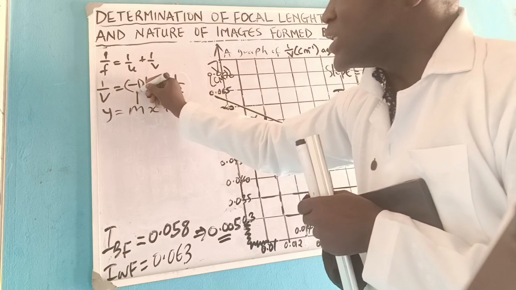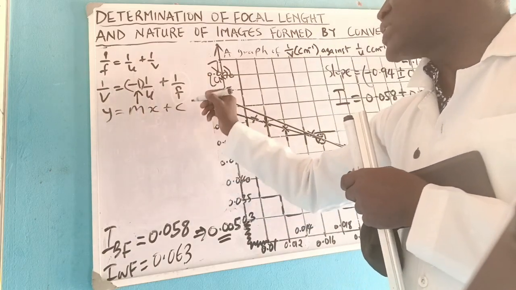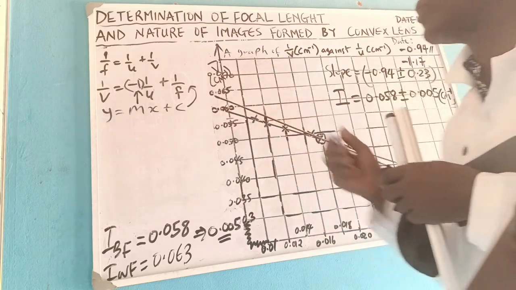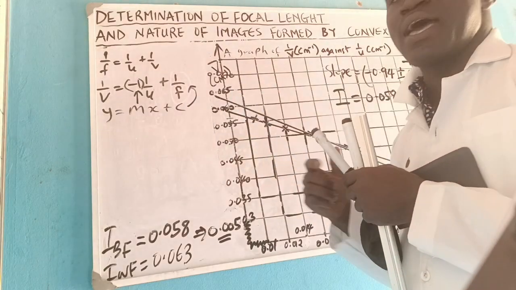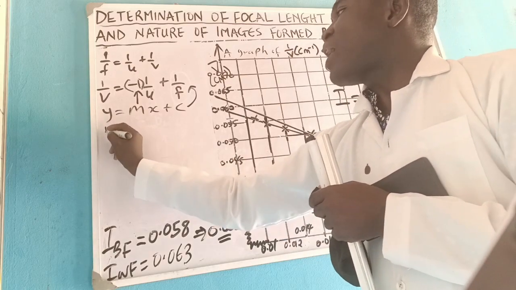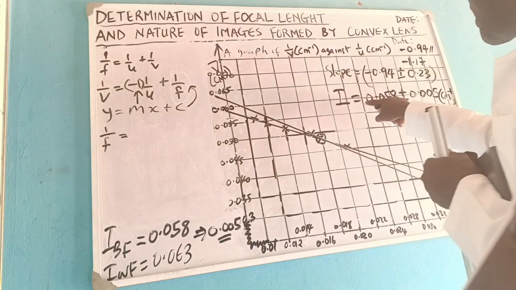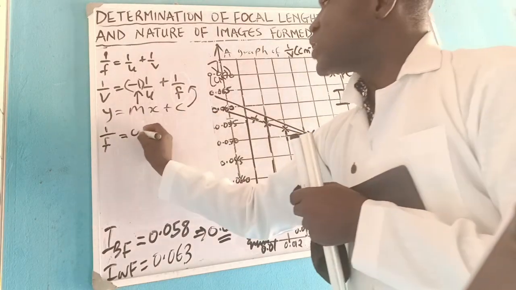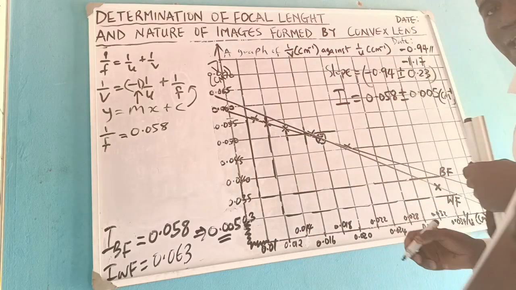And look at it, it is equivalent to this. x is what you plotted against, plus c will be your intercept, so to speak. So our intercept represents 1 over f. So we have our intercept, 1 over f, equals to, what do we have here? 0.058. Are you getting it?